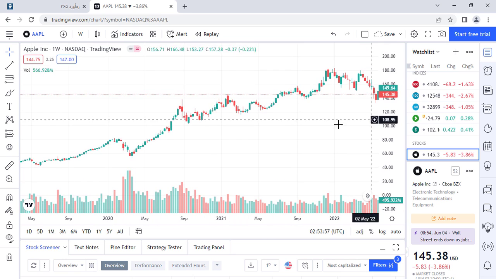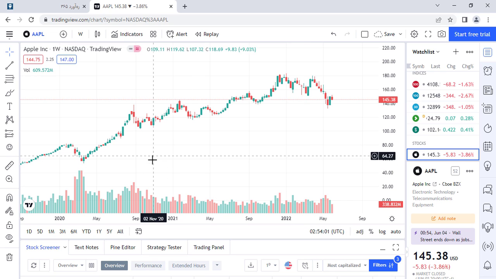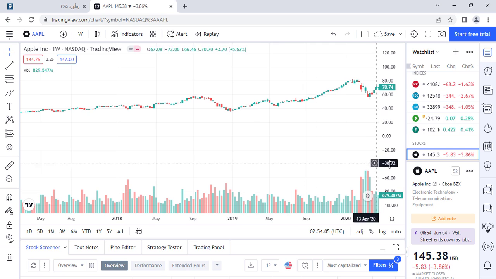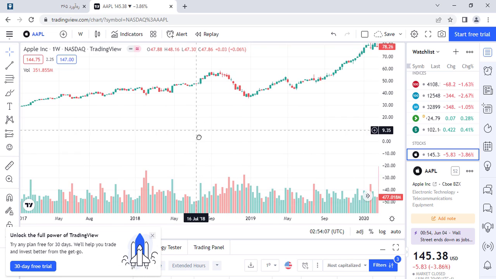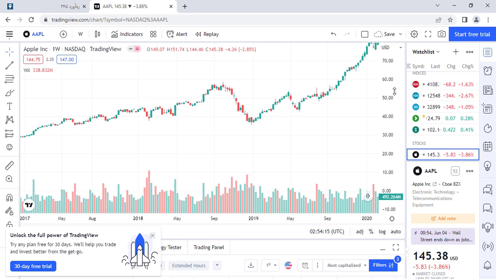We can't find lots of decreasing signals because the trend is upward, but I will show you some of these. For example, this candle, you can see it has some shadows on the upside and downside.